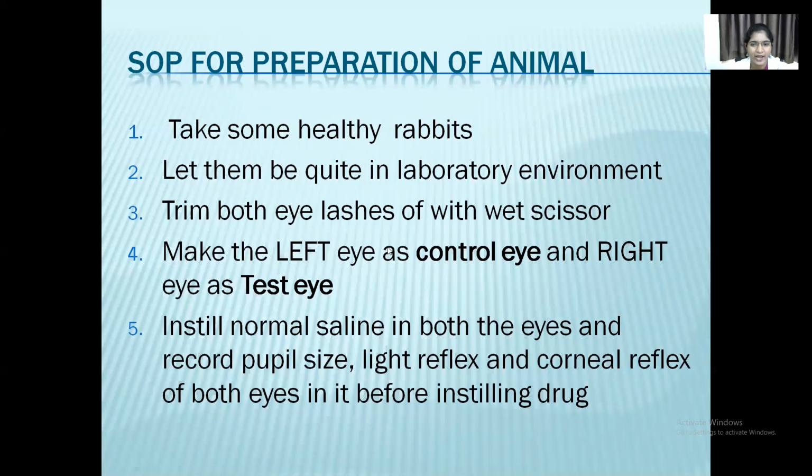Make the left eye the control and the right eye the test eye. Instill normal saline in both eyes and record pupil size, light reflex and corneal reflex of both eyes before instilling the drug. This is the control.